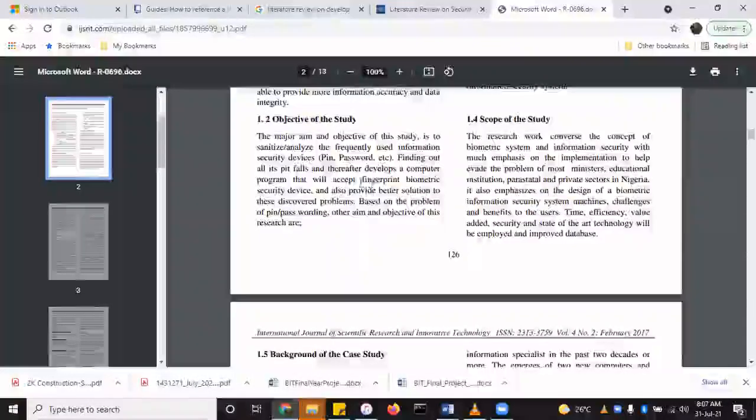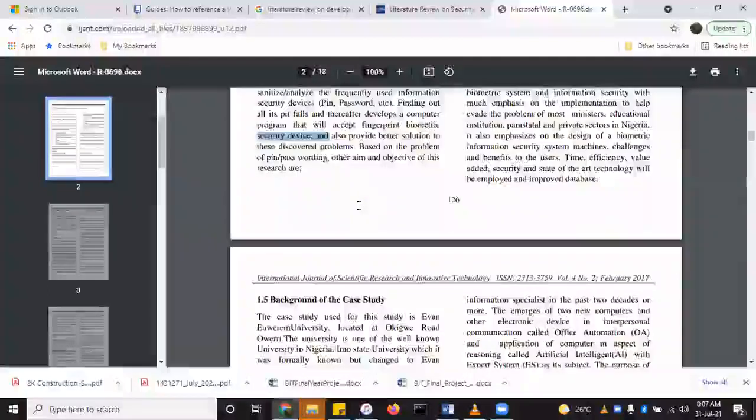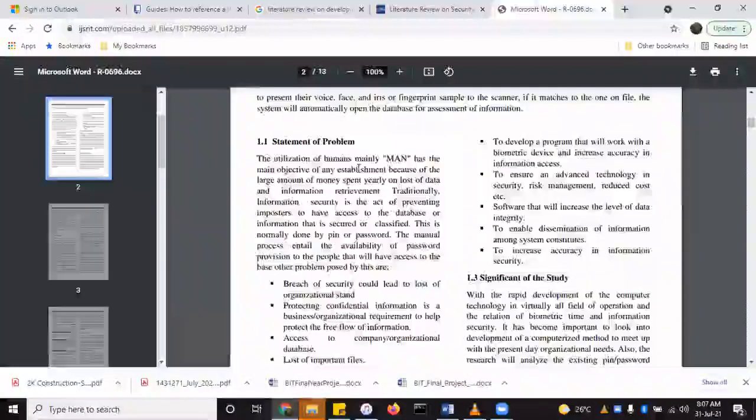It talks about finding fail points or pitfalls that could lead to security issues within devices, and problems with passwords or PINs. So exactly. And the objective to design the software designed to increase the level of data integrity.